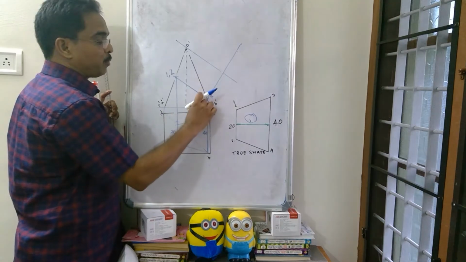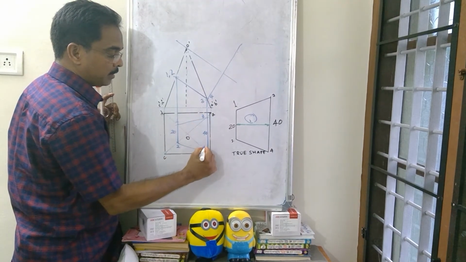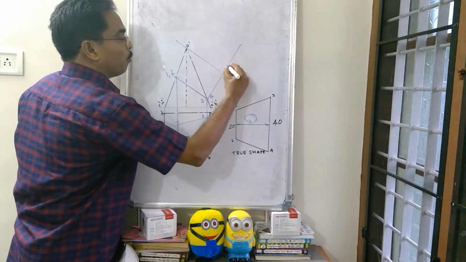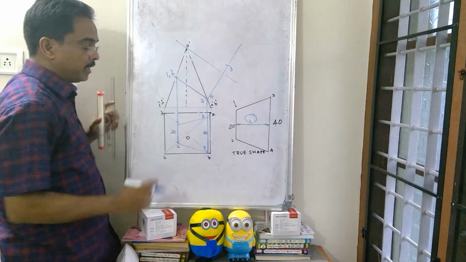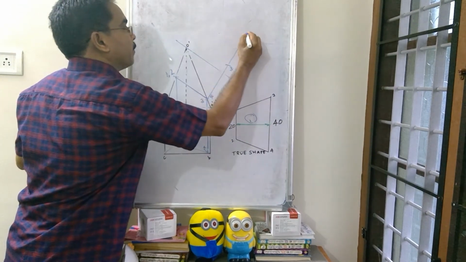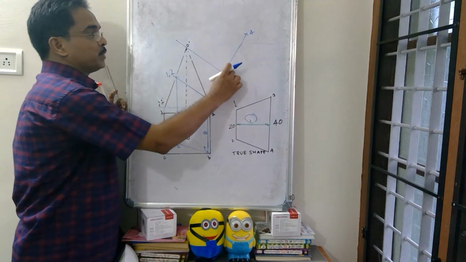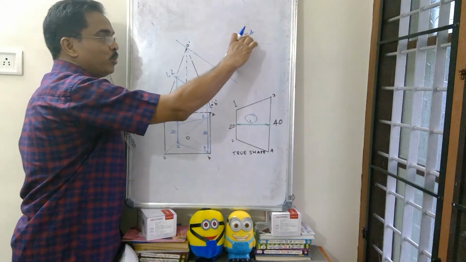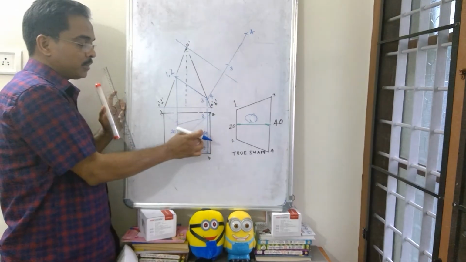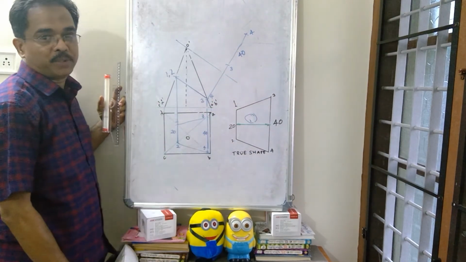Now take the distance of 3 from the XY line and 4 from the XY line, mark them here, and you get 3 and 4. Now what is the distance between 3 and 4? This will be exactly equal to whatever distance you have marked here, because this distance is 40, so this will also be equal to 40 millimeter.